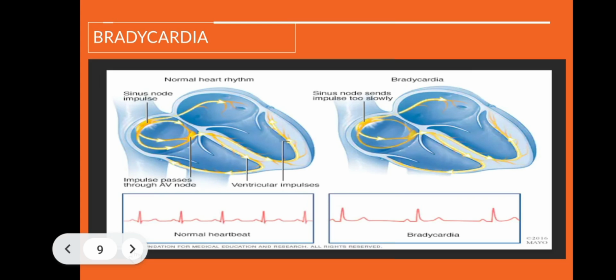Bradycardia can be serious if the heart beats so slowly that it can't pump enough oxygen-rich blood to the body. When this happens, a person may feel dizzy, very tired, or even weak, short of breath, or even faint.